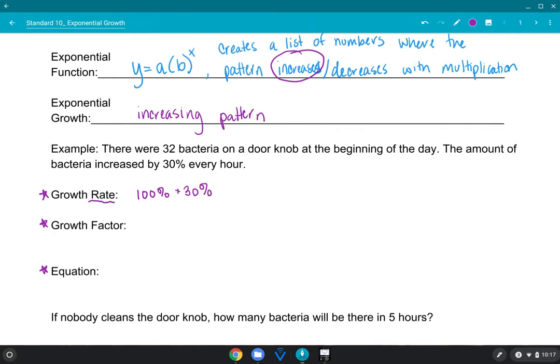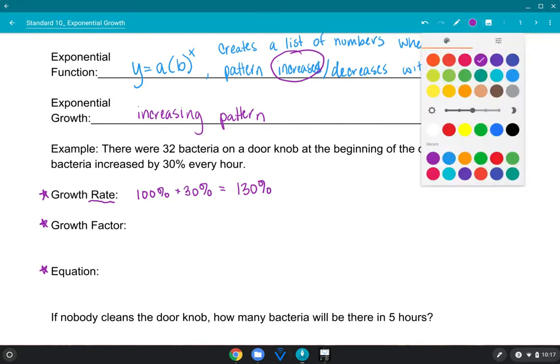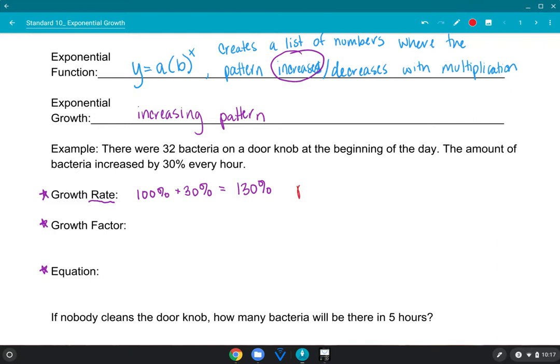Growth rates are percents. So this would be every hour, your rate is 130%. So one thing you guys need to remember for growth rates is that we're always talking percent. And with growth rate, you do 100% plus whatever percent it increases by.